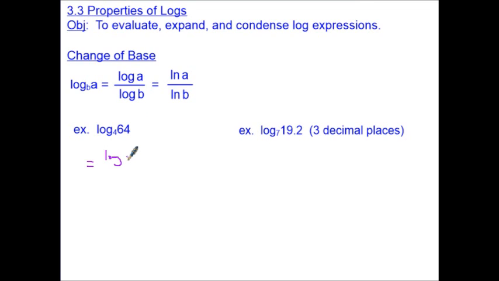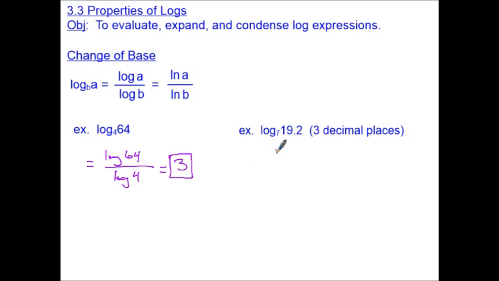So I'm going to have to do log of 64 over log of 4. If I crunch the numbers individually, log of 64 is some big nasty decimal, as is log of 4. However, if I take those two decimals and divide them, I magically get a very nice answer of 3, which is what's expected. So I challenge you to type that in a couple different ways and make sure it works.